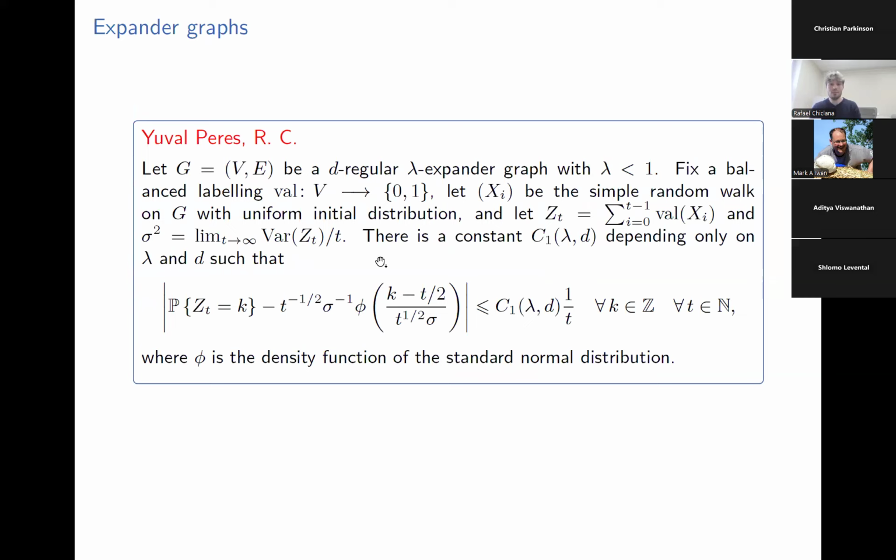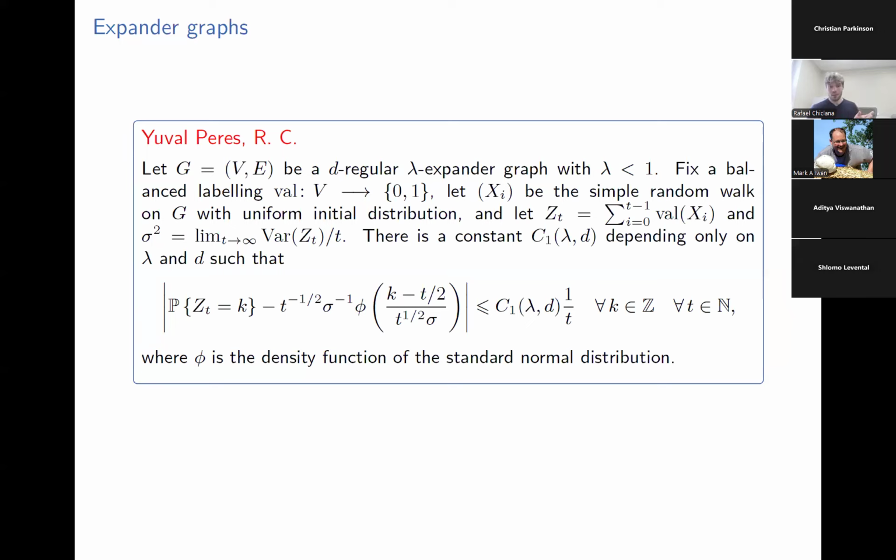And then this result will give you a rate of 1/t instead of the rate of the classical local central limit theorem. So the error is actually smaller than expected.